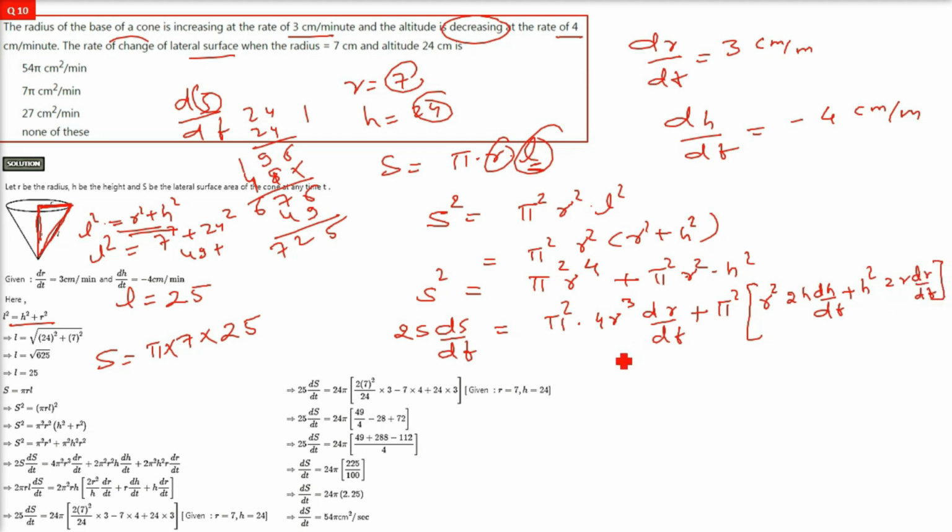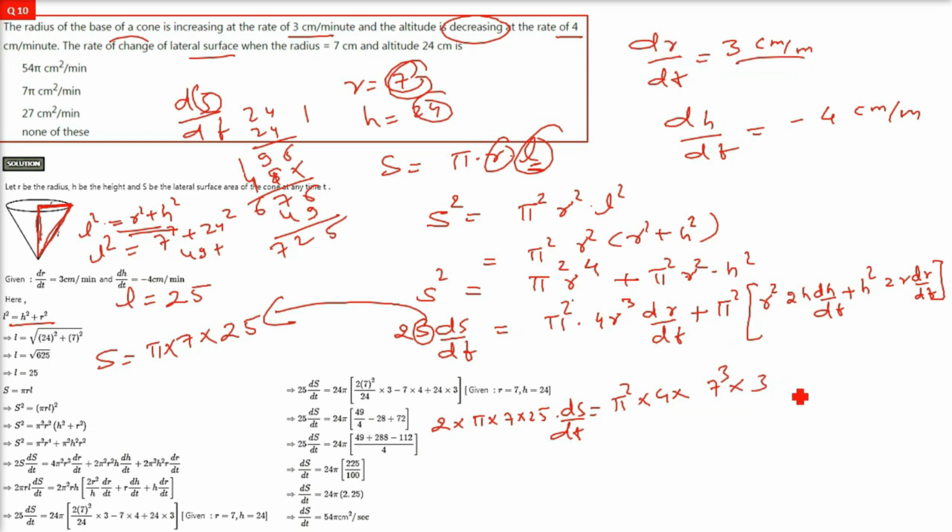Okay. Now we have everything. That is, we have computed this as pi into 7 into 25. You can put it here. So 2 into pi into 7 into 25 ds by dt is equal to, now this pi square, let it be there. Pi square 4 into r cube. What is r? 7. So 7 cube. dr by dt is 3. Plus pi square. Now inside this we have r square, which is 7 square.